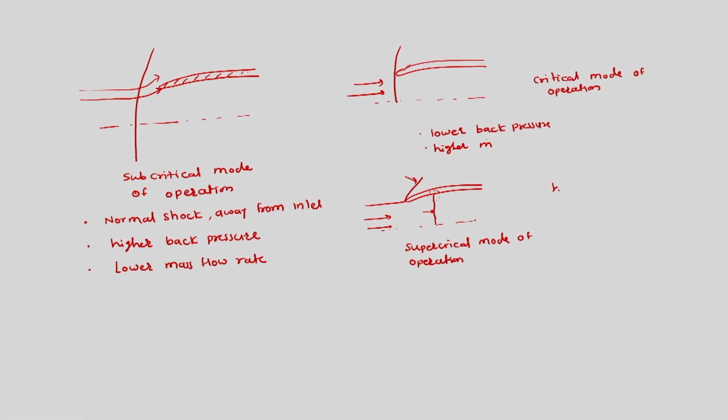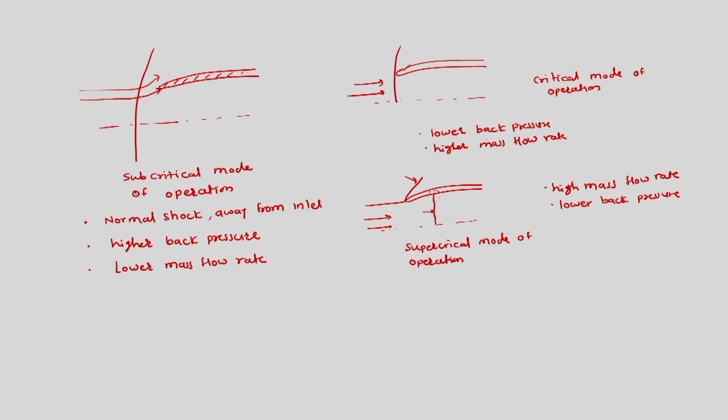Here we get higher mass flow rate, and this is with further lower back pressure. So these are the different modes of operation of the normal shock based supersonic intake.